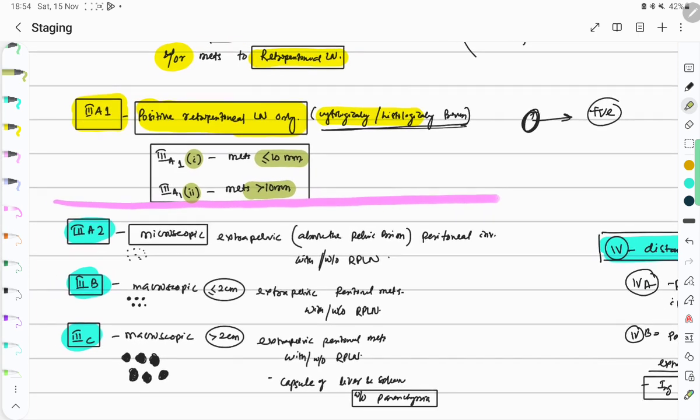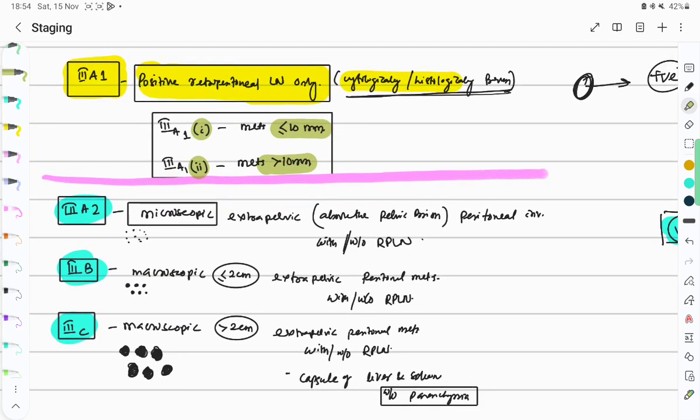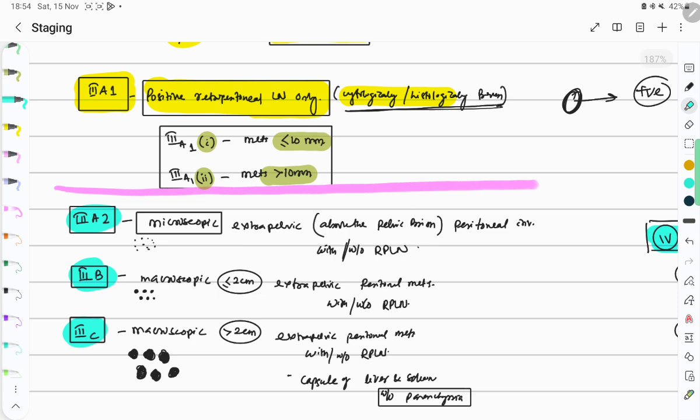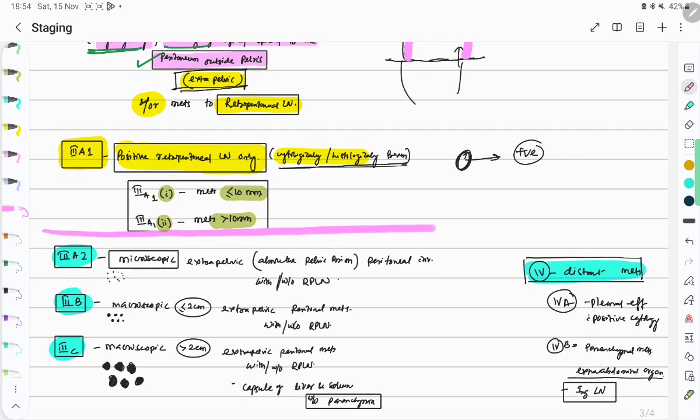Then coming to 3A2. 3A2, 3B, 3C, remember at one time. What is 3A2? Now you see the tumor has gone to the peritoneum. But how much size? It is 3A2 if it is microscopic.